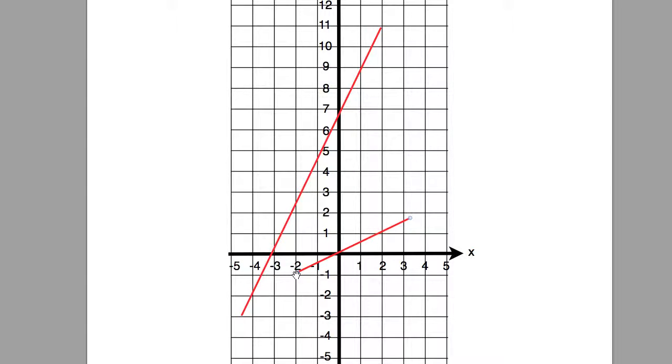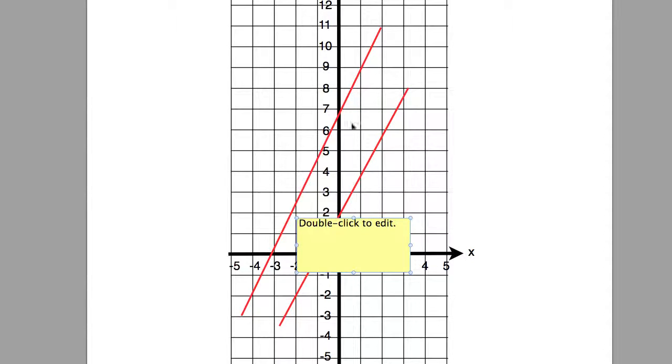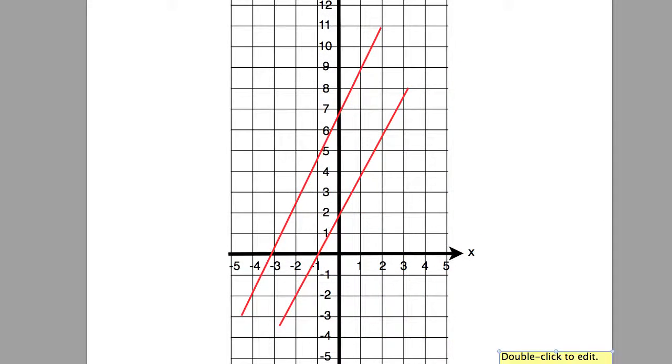Now these are just examples that I've given you here. What you should always find is that these are intercepts, so that's your y-intercept.